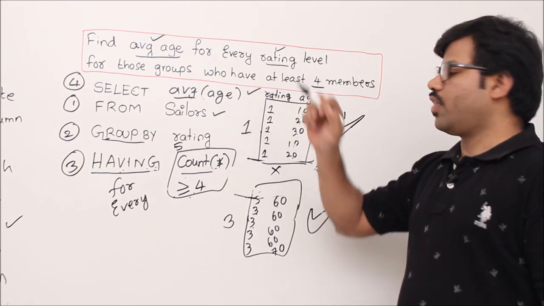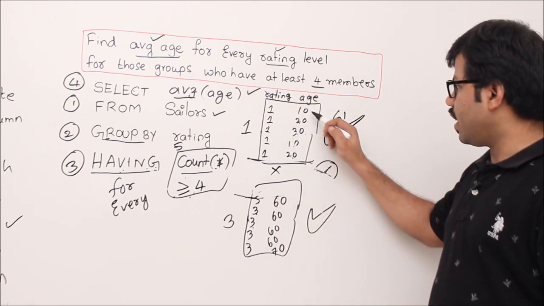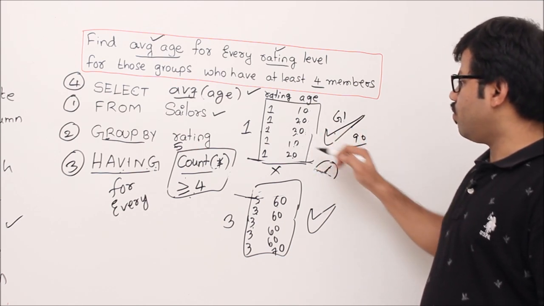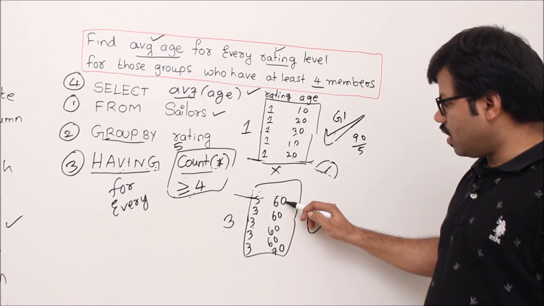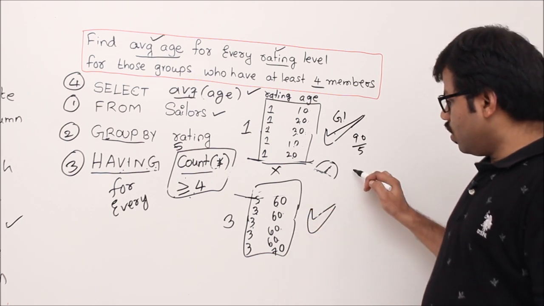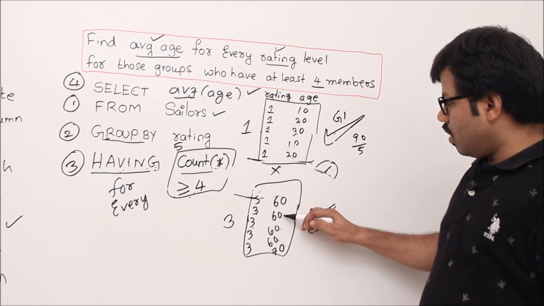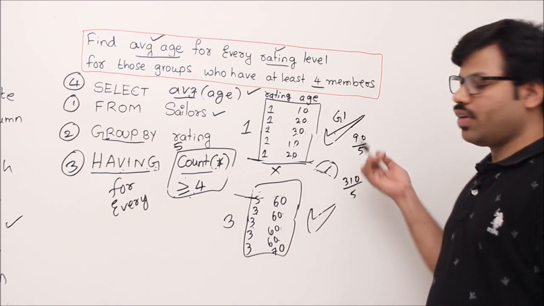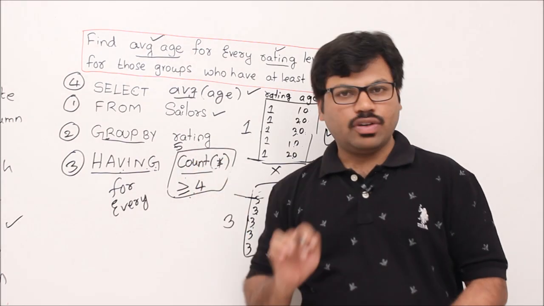So this is perfect. For example, 10 plus 20, 30, 60, 70, 90 divided by 5 will be computed like this. Whatever, it doesn't matter. Finally the average age will be computed.